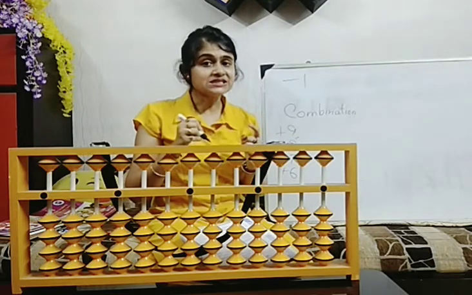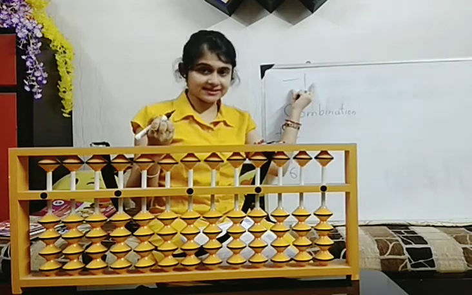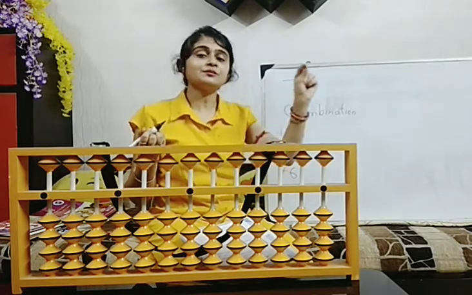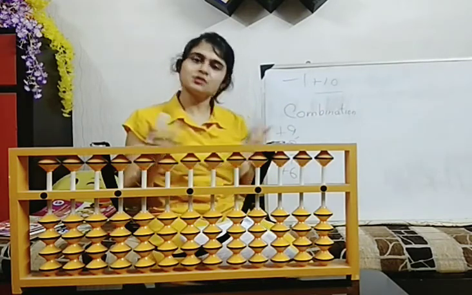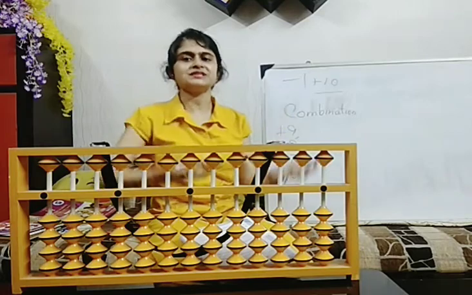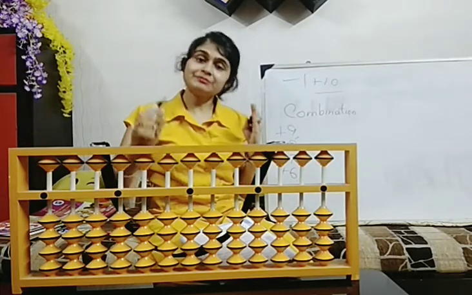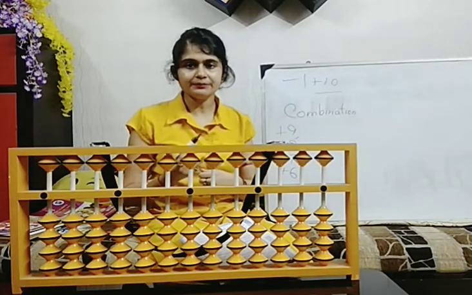Minus 1 plus 4 minus 5. So I will convert this into plus 4 minus 1. And plus 10 is already there. So plus 4 minus 5 plus 10. That becomes my formula. And because it is combined, it is called combination formula.